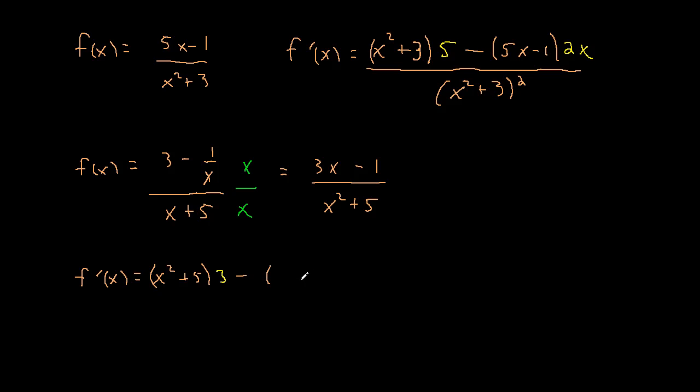Minus, and I always use parentheses for this next part, minus my top function, which in this case is 3x minus 1, multiplied by the derivative of the denominator, which is 2x. And this will all be over x squared plus 5, squared.